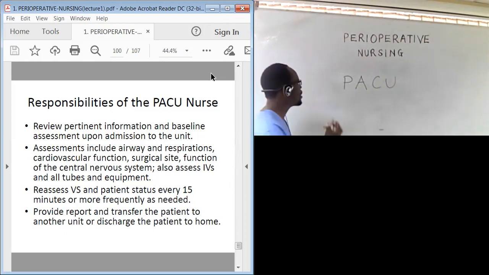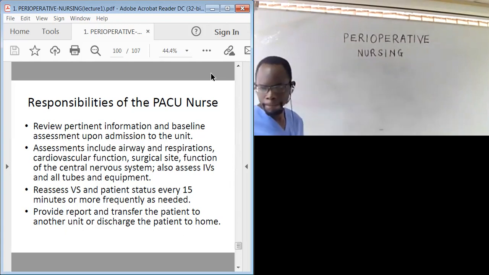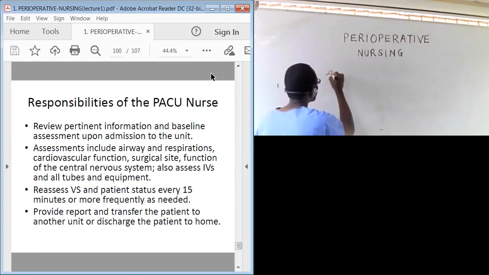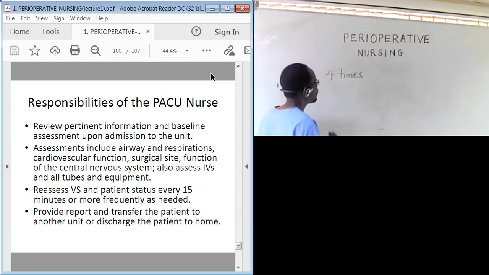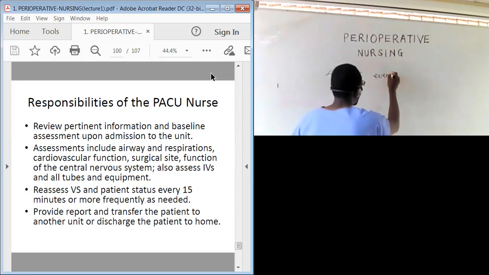Maybe I should also mention here there is what we call the rule of 4, especially in PACU. You do 4 times every hour.